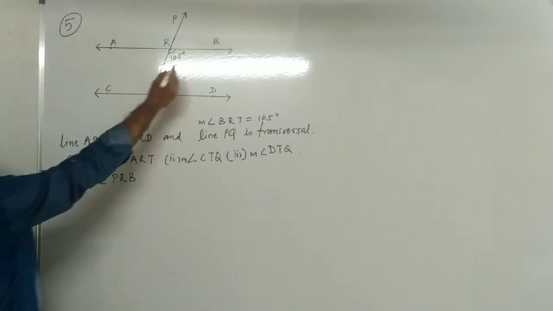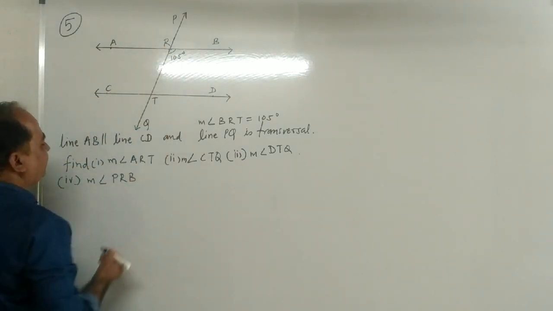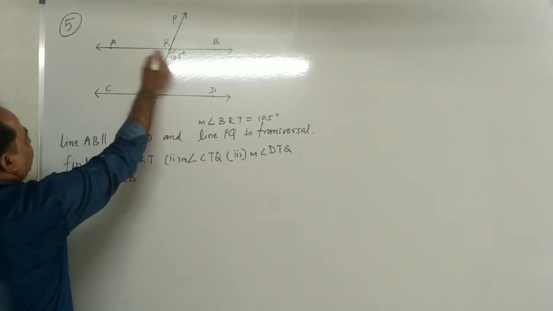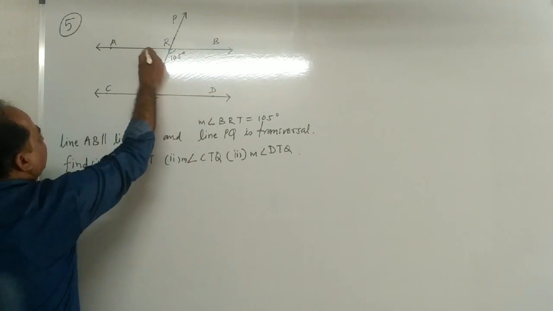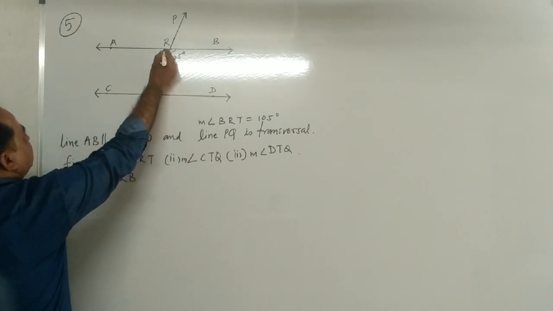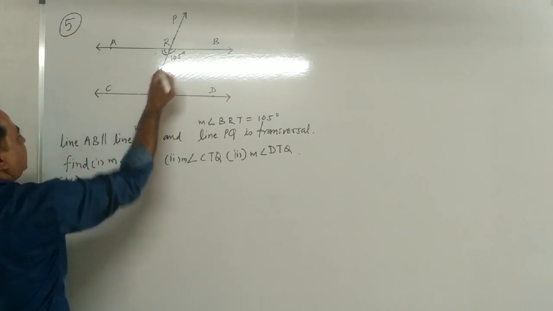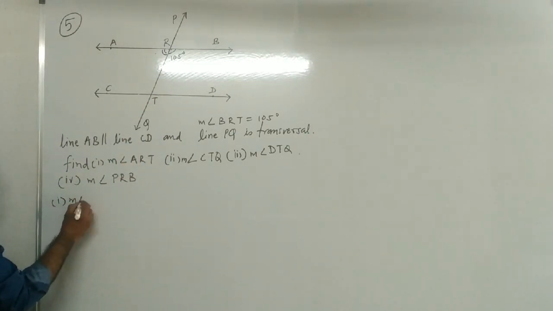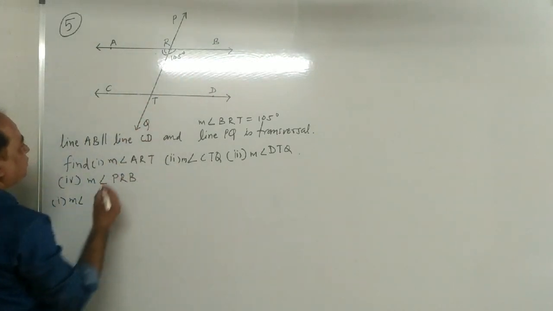Now here it is given measure of angle BRT is equal to 105 degrees. So angle ART and angle BRT are on the straight line. So they are angles in linear pair. So sum of the measures of angles in linear pair is 180 degrees.